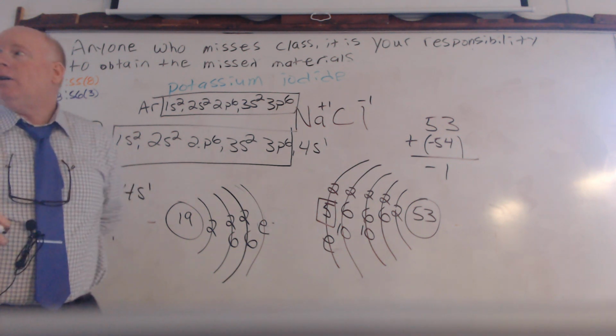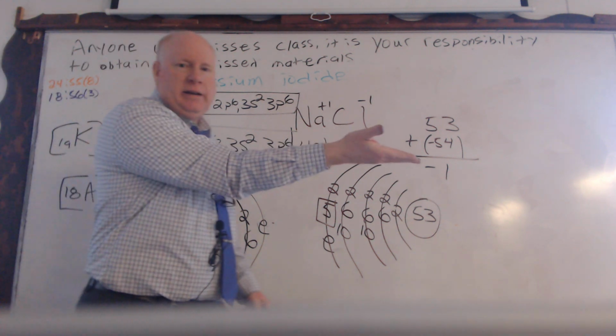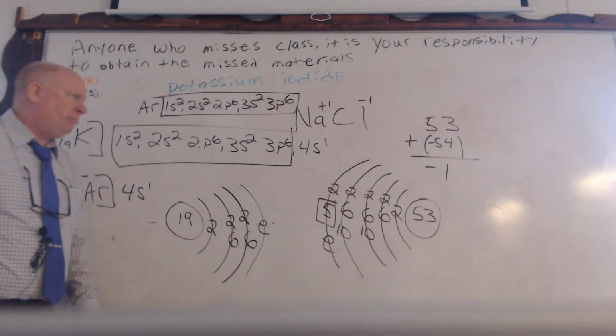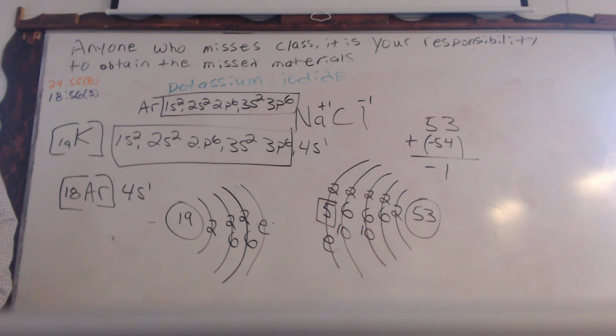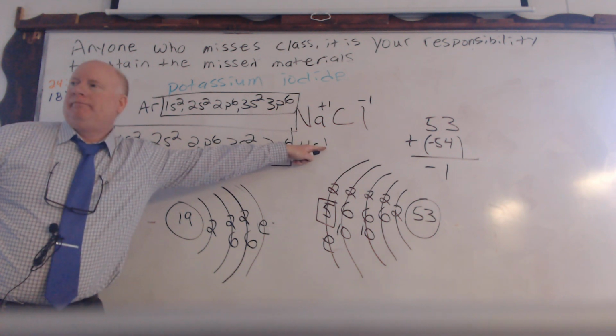So, potassium. Which period is potassium in? Remember, periods are horizontal, they go like this. It's in the fourth period. What column is potassium in? This is the period. That's the column.